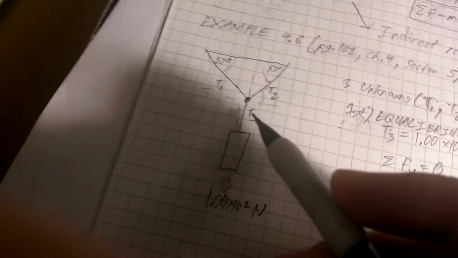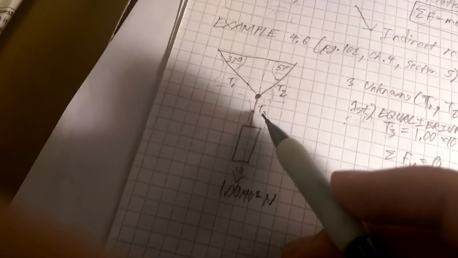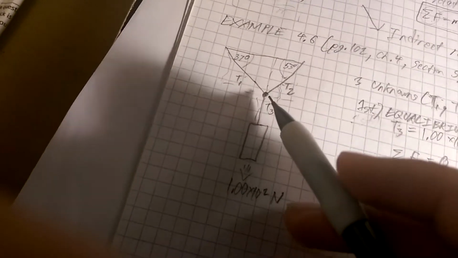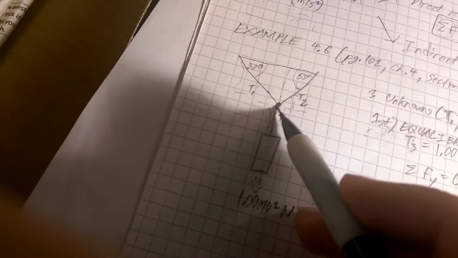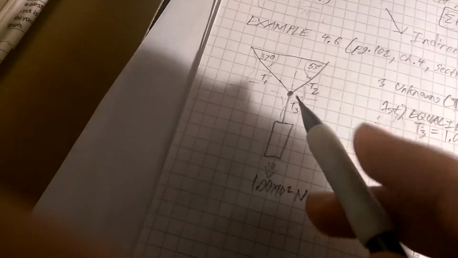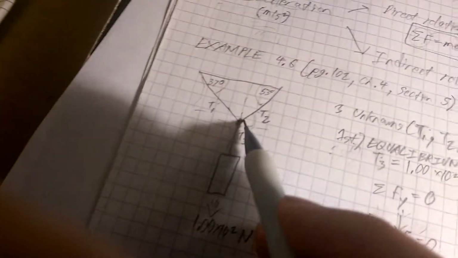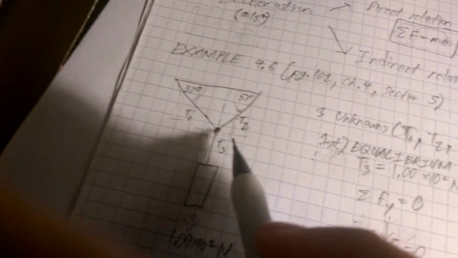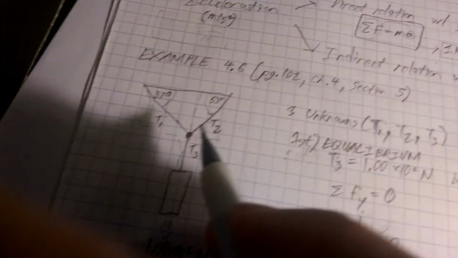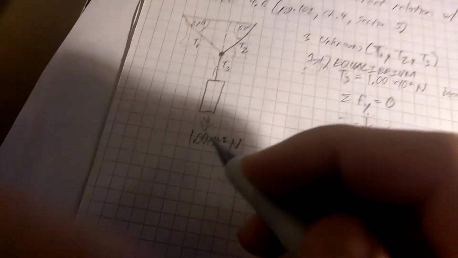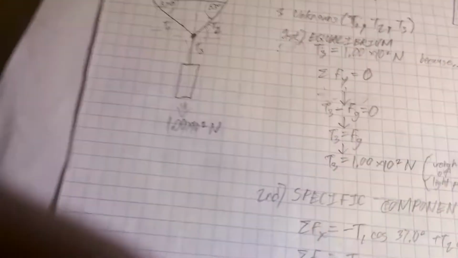And this is so because it worked with T3 because your little knot was here, and thus allowed you to apply equilibrium to only this section of the light box. But now you're going to take it from all the way from the top, from the cables, all the way down to the light box.